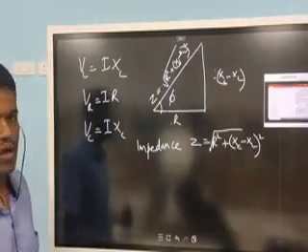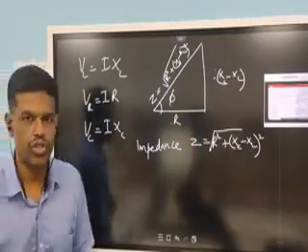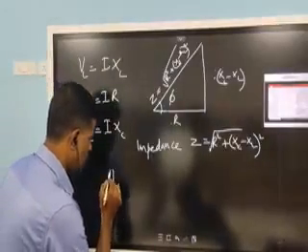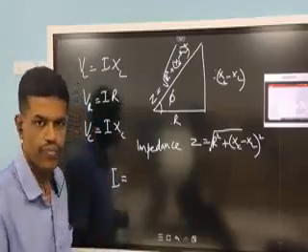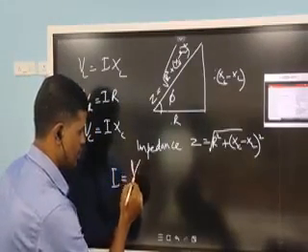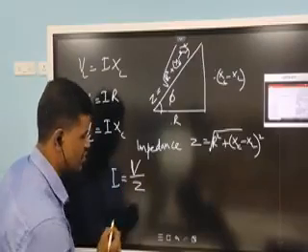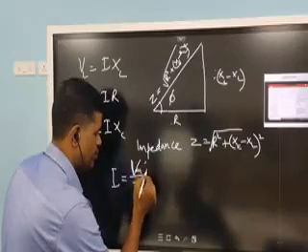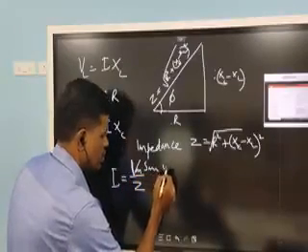Now we are in a position to write the expression for current. In line with Ohm's law, I is equal to V by R. Instead of R we have V by Z, but V is equal to Vm sin omega t.